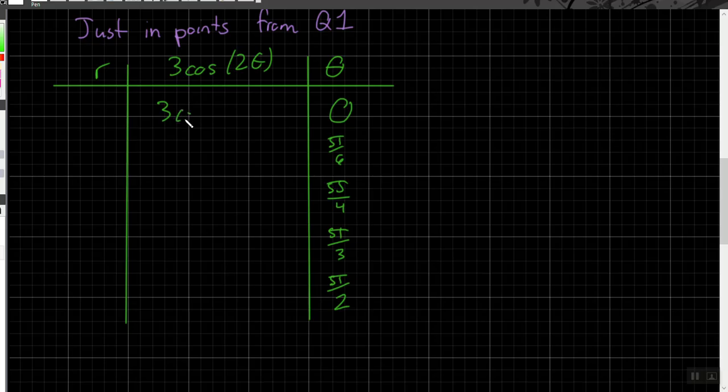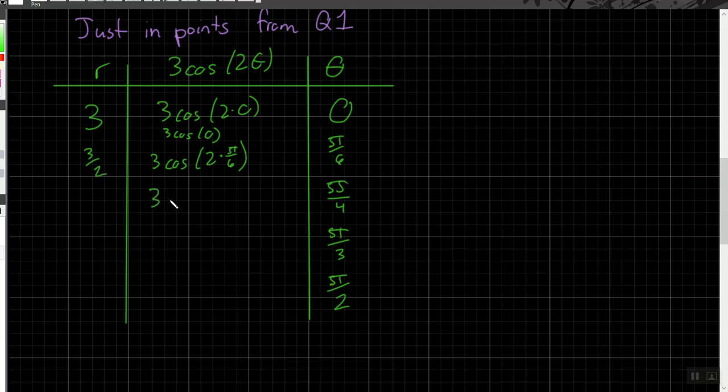Okay, 3 cosine of 2 times 0. So that's just 3 cosine of 0. What is cosine at 0 radians? 1. And what is 1 times 3? 3. So I'm at 3. Okay, next one. 3 cosine of 2 times pi sixths. Okay, pi thirds. What's cosine at pi thirds? 1/2. 1/2 times 3? 3 halves.